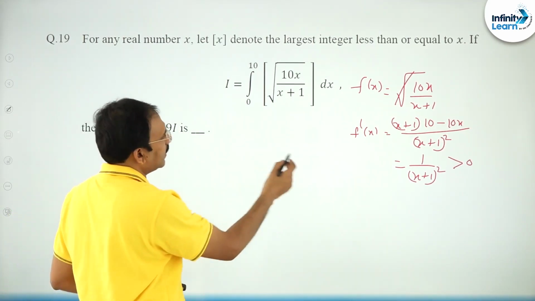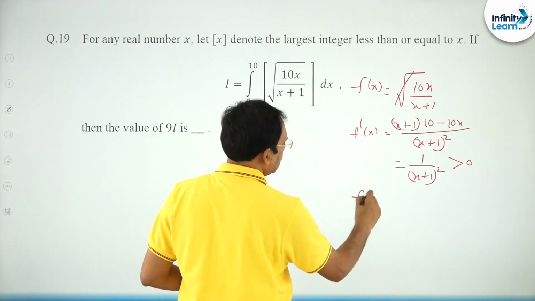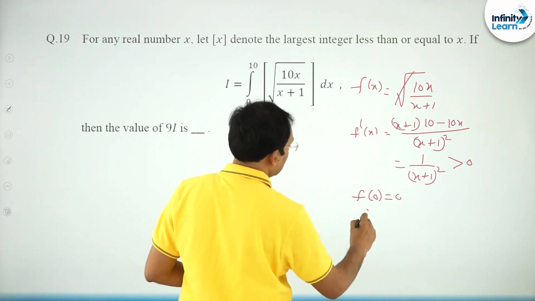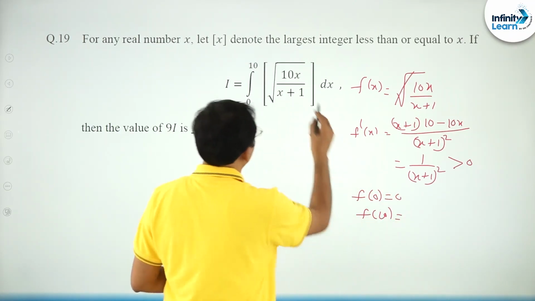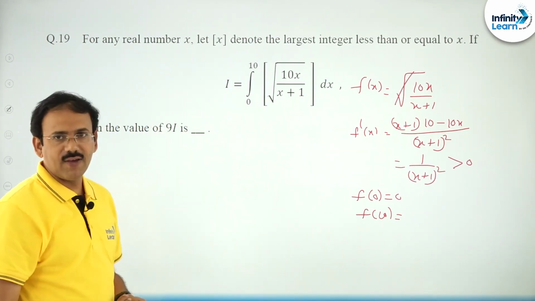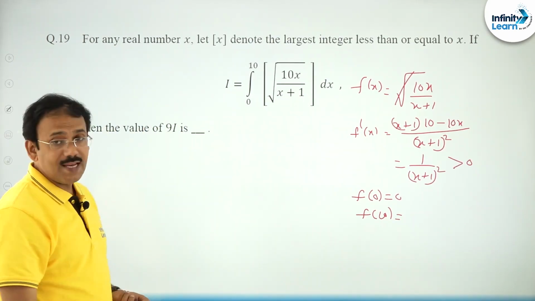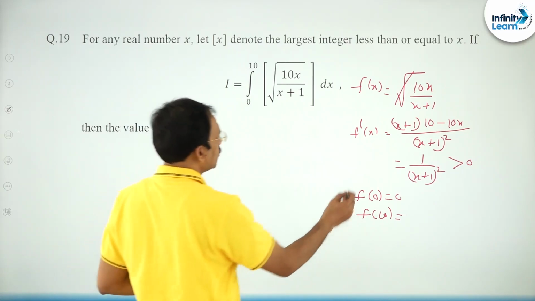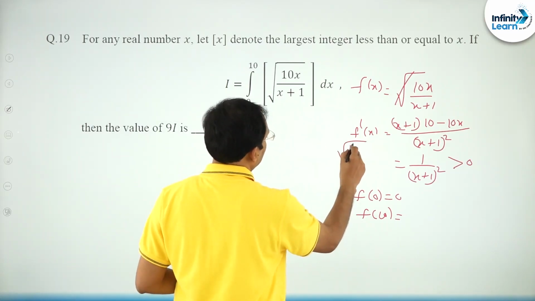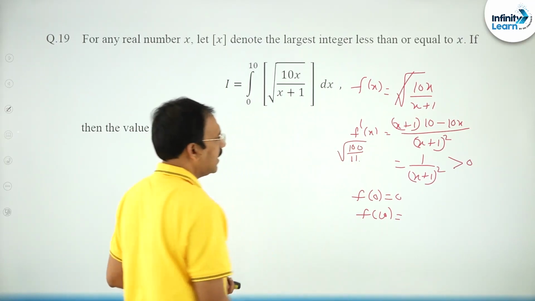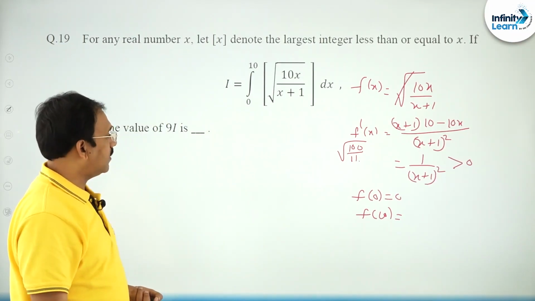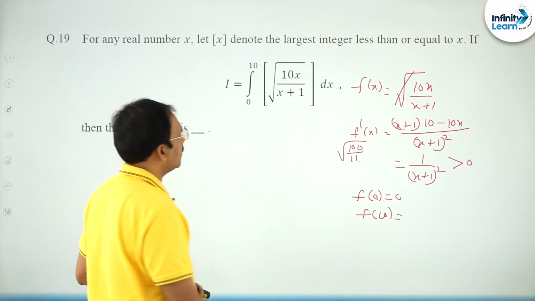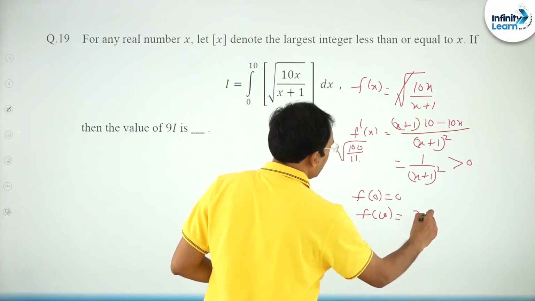Moreover, at 0 the function value is 0 and at 10 the function value is going to be root of 100 by 11, almost 9 point something. 11 9s are 99, root of 9 means you get 3 point something.